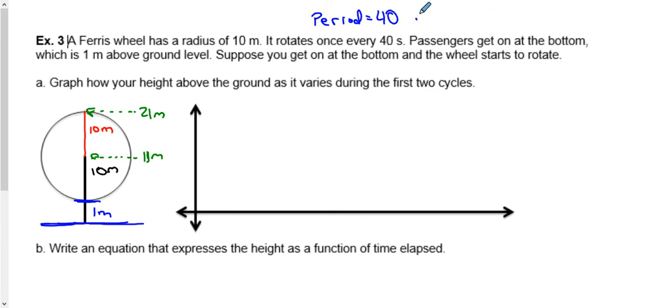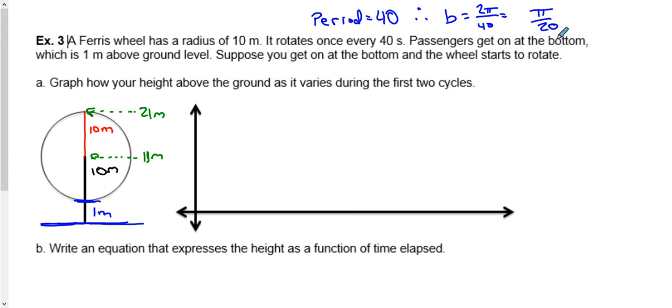So therefore, what's your b value if you ever had to make an equation? Therefore, b value is equal to, and because this is a word problem, we usually do everything in terms of radians. So my b value is going to be 2 pi over 40, which is the same thing as saying pi over 20. And that's how I'd get a b value.